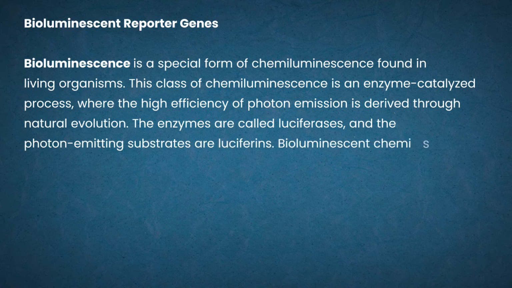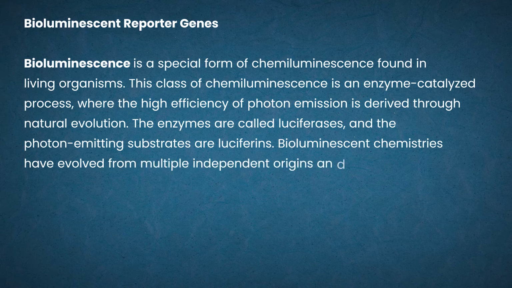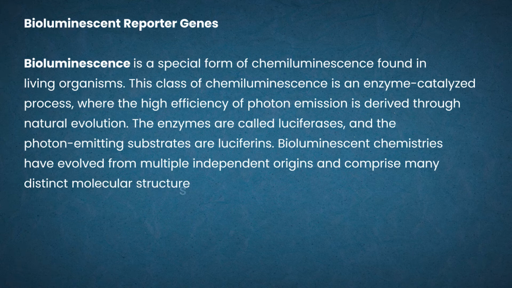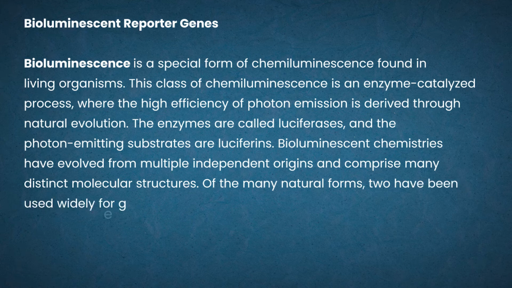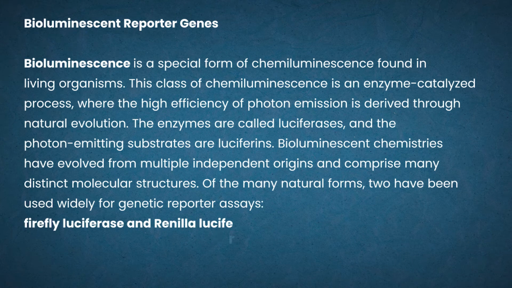Bioluminescent chemistries have evolved from multiple independent origins and comprise many distinct molecular structures. Of many natural forms, two have been widely and extensively used as genetic reporter assays, that is firefly luciferase and Renilla luciferase. These are the two examples of the bioluminescent reporter genes or enzymes.